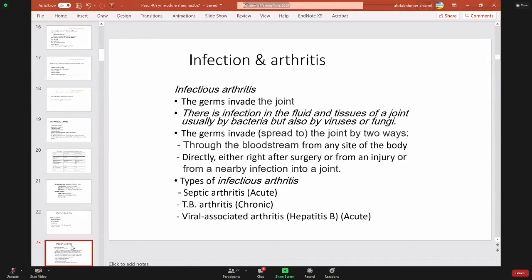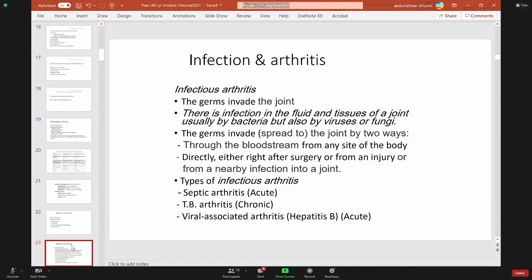In infectious arthritis, the germ invades the joint, and it might spread to the joint through the bloodstream from the body, like a patient who is having a dental procedure and is having infection, or if he's having an IV line infection, then it goes to the blood and then goes to the joint, or it can come directly after a trauma or surgery to the joint. There are types of infectious arthritis.